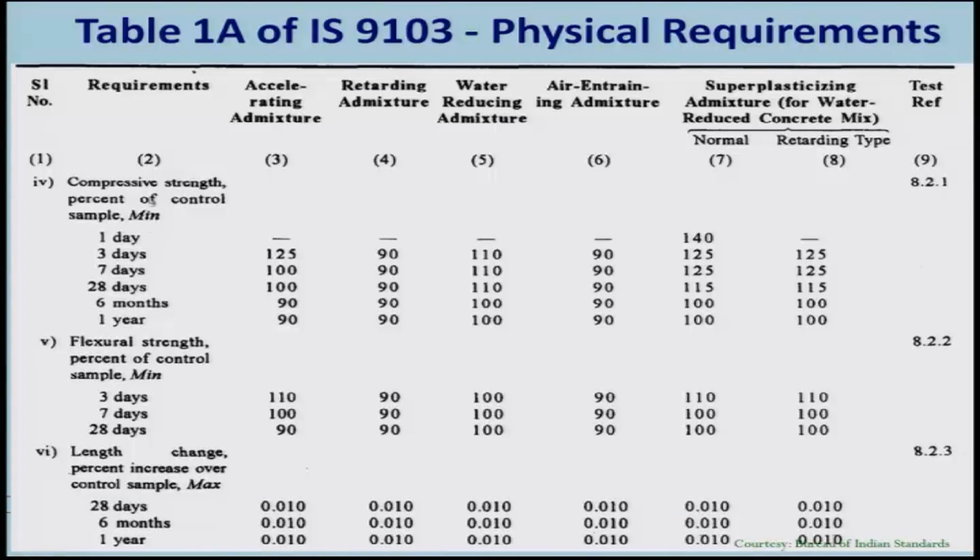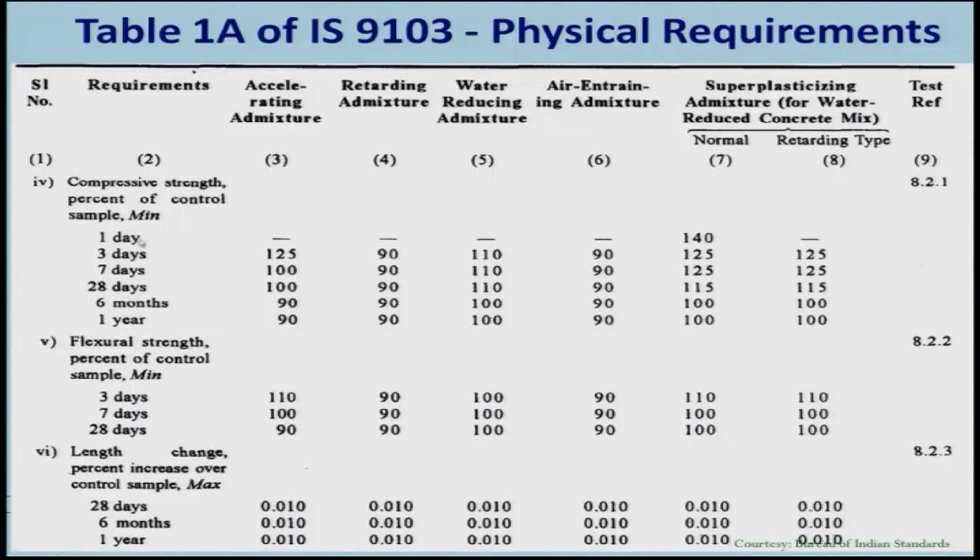So, the fourth, fifth and sixth physical requirements are compressive strength, flexural strength and length change, and assuming that the control value has 100% strength, the corresponding values when you use different admixtures are shown, which range from 90% to about 140. And remember that you also have different periods mentioned.